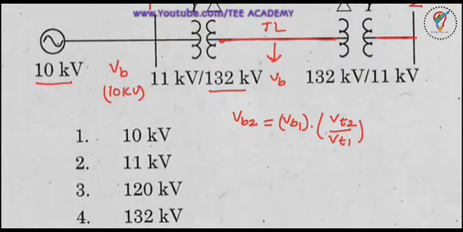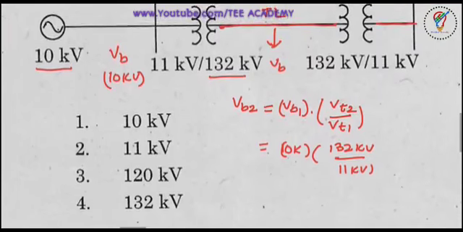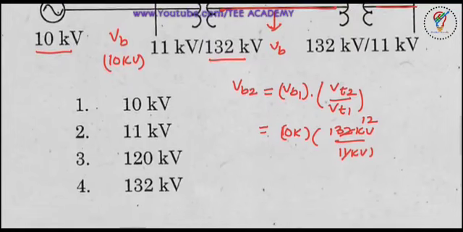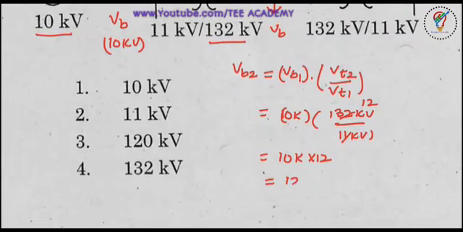Both are valid. Now V_B1 is how much? 10 kV base into V_T2, which is 132 kV, divided by V_T1, which is 11 kV. So 132 divided by 11 is 12. Now what is the base voltage here? It is going to be 10 kV into 12, which will be 120 kilovolts, is the answer. So option 3 is the right answer.